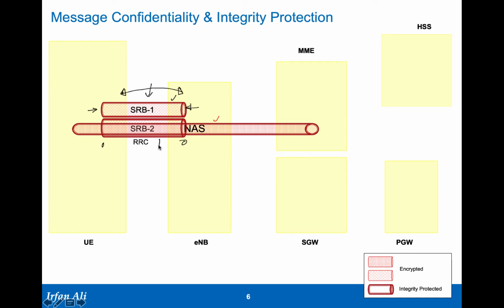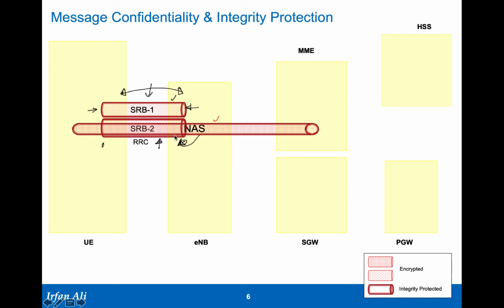SRB2, signaling radio bearer 2, is used for sending NAS messages between the eNode B and the UE. These NAS messages are first encrypted by the mobile, by the MME, and then further encrypted again using the encryption and integrity protection keys of the mobile.